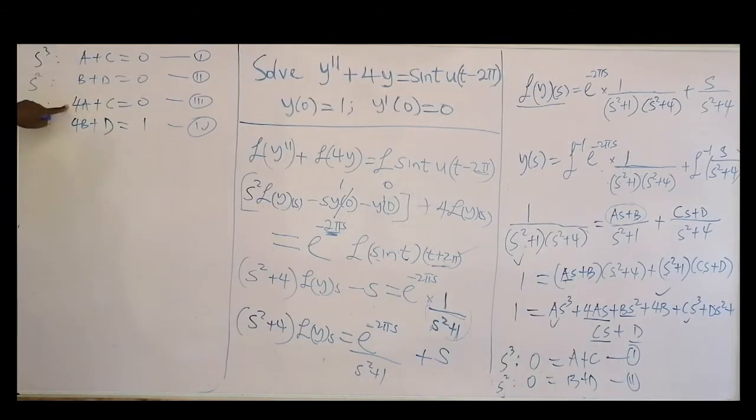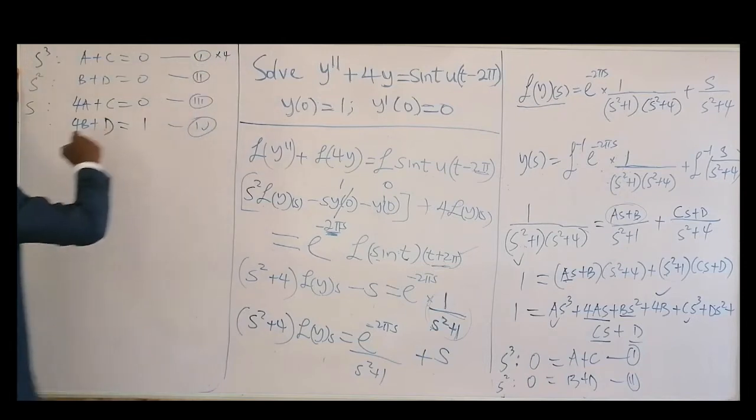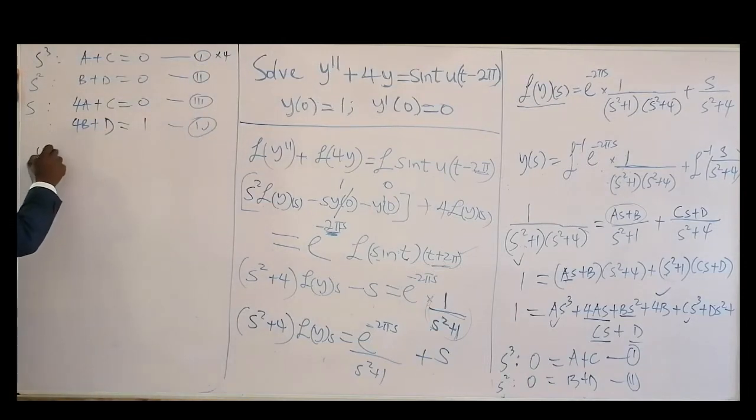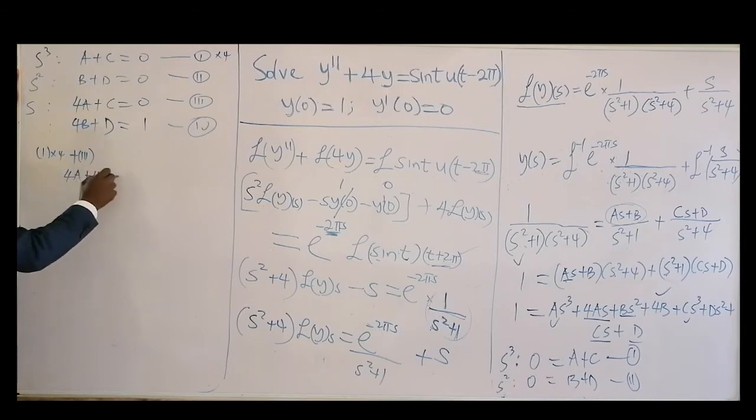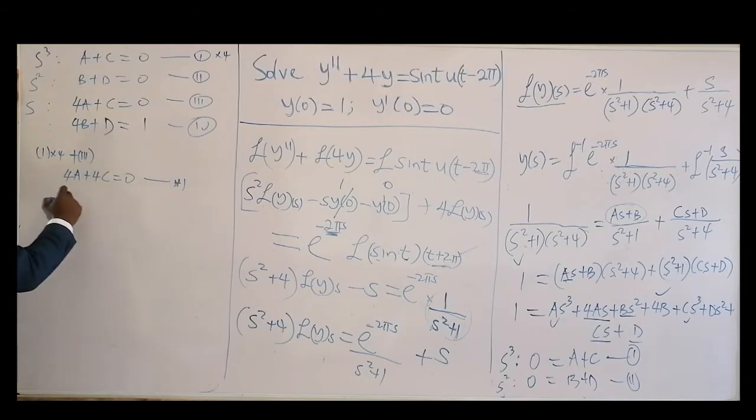Equations 1 and 3 can be solved together. They have the same unknowns, a and c. So equation 1 times 4 combined with 3. That will be 4a plus 4c equal to 0, and 4a plus c equal to 0.